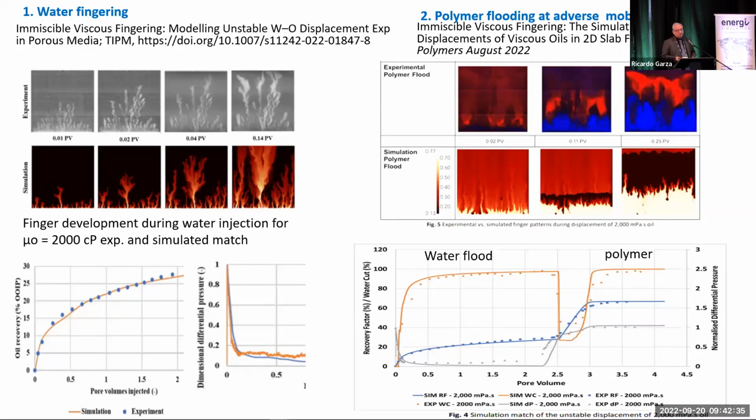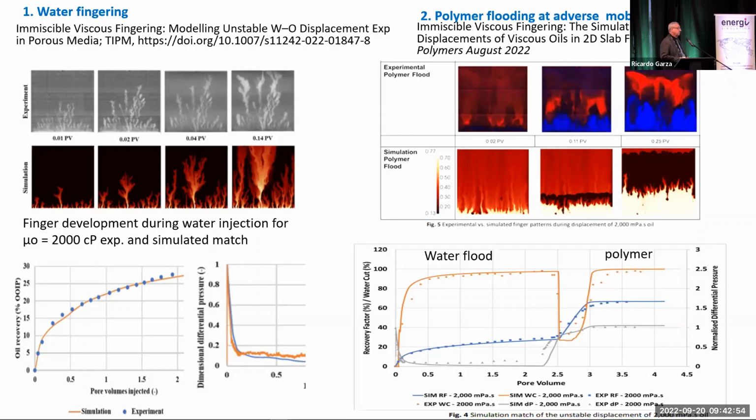And the contrast in this case was an oil of 2000 centipoise, and we're injecting water with 1 centipoise. Then we're trying to match this. We're able to match production and pressure in several ways.